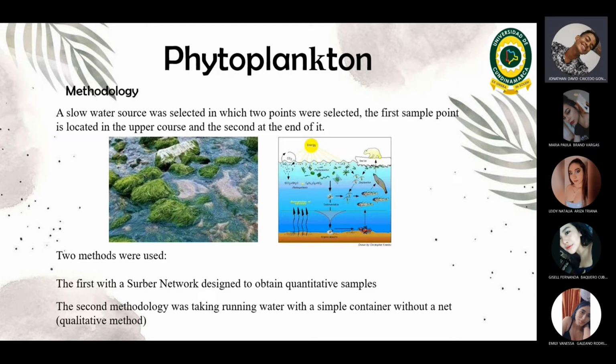Methodology. A lotic water source was selected in which two points were chosen. The first sample point is located in the upper course and the second at the end of it. The specific sites that were monitored were selected according to ecological relevance and accessibility of the plankton. Two methods were used. The first, with a Surber net designed to obtain quantitative samples. It consists of a metal frame to which a nylon net is attached.